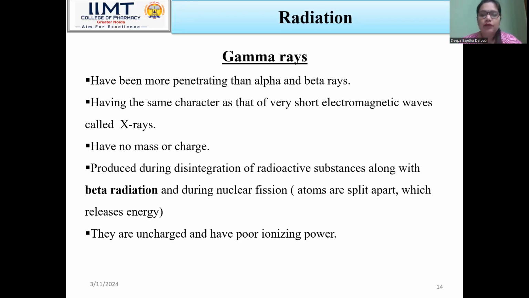They have no mass or charge and are produced during disintegration of radioactive substances along with beta radiations and during nuclear fission. Nuclear fission means atoms are split apart, which releases energy. So they are uncharged and have poor ionizing power.